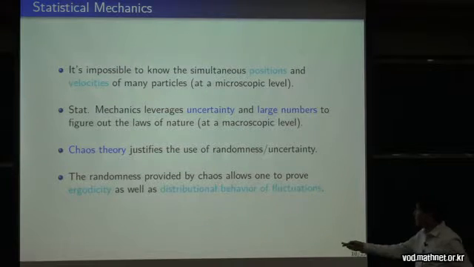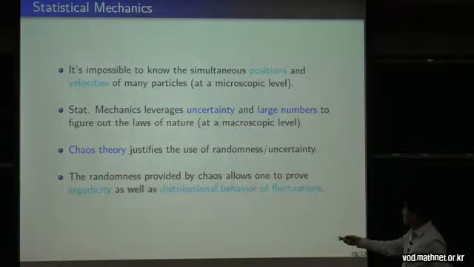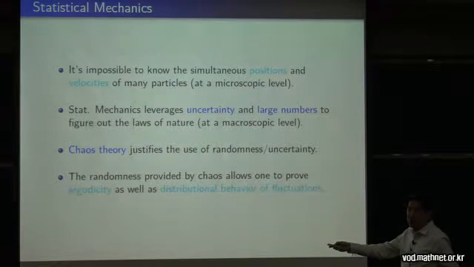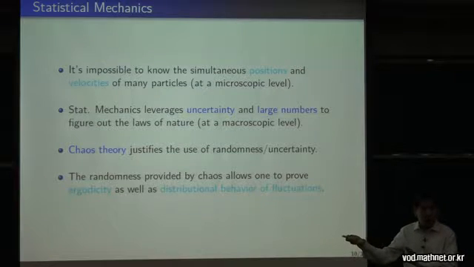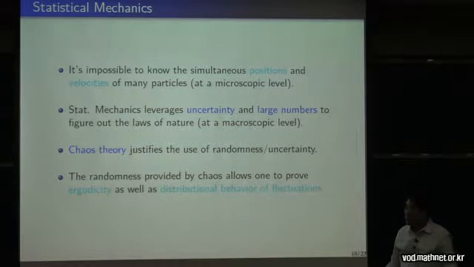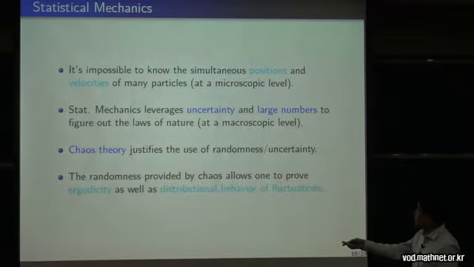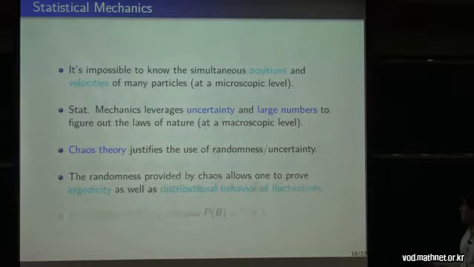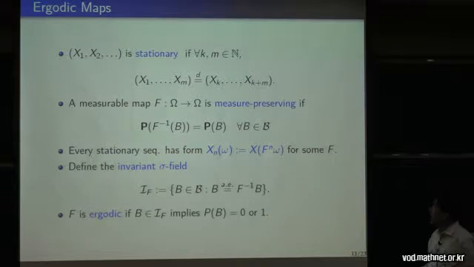And the randomness provided by chaos is the randomness that allows us to prove so-called ergodicity and also the distributional behavior of the fluctuations, which is exactly the central limit theorem or the stable limit theorems. So this sort of stuff cannot be proved by quantum mechanics alone. All right. So let me describe a little bit more about chaos, what that is. I guess I should describe also what ergodicity is.